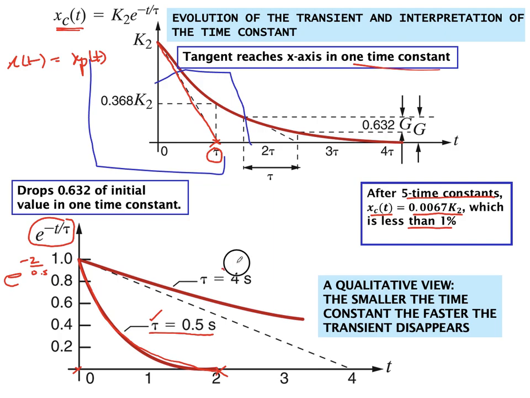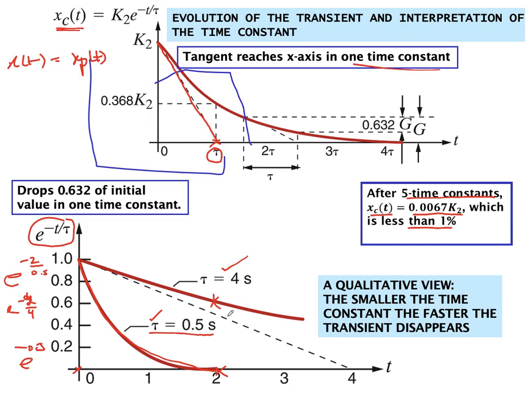Or in the other case, if tau is equal to 4, for the same value of t equal to 2, you will have e raised to power minus 2 by 4. That is e raised to power minus 0.5. And if you find out e raised to power minus 0.5, you will see the value would be somewhere over here.